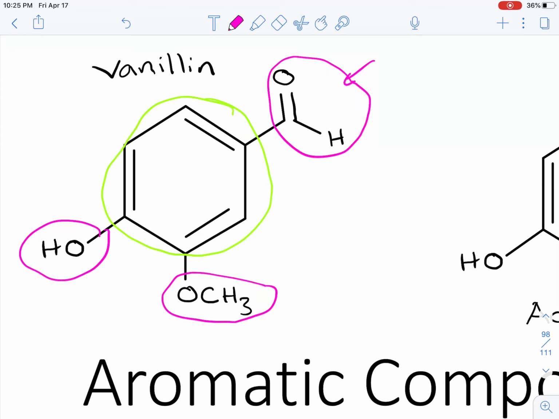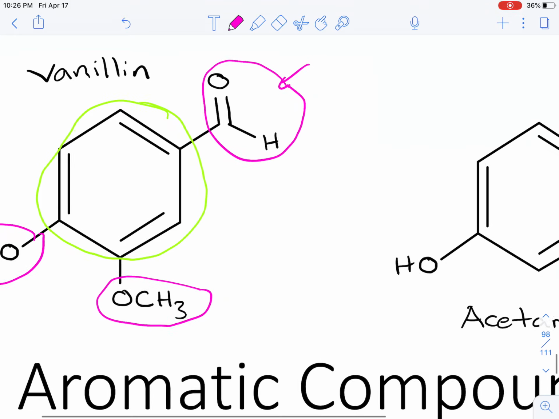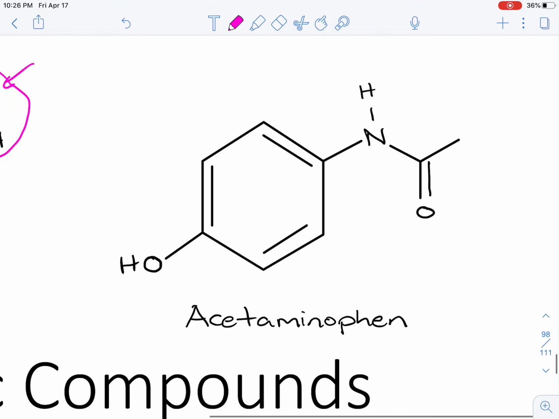And so what produces the properties of vanillin is a combination of all three of these functional groups in pink attached to that benzene ring that I circled in green. And acetaminophen is the active ingredient in Tylenol.